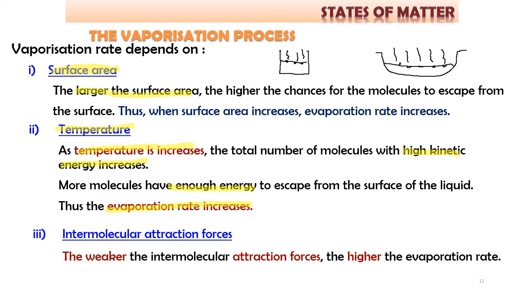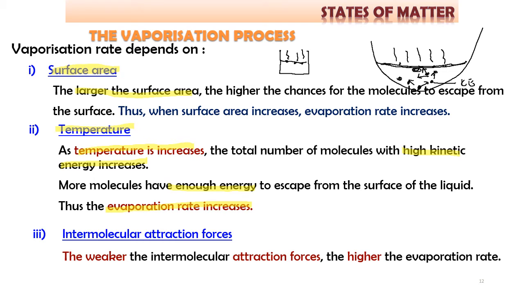So let's say you have your bekas, okay, and then your molecules, each of them will have kinetic energy. Okay, and then when they collide with each other, they will transfer the kinetic energy from one to another, and then slowly energy tu akan transferred ke the molecules or particles at the surface.